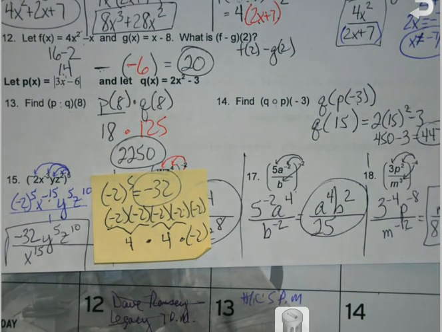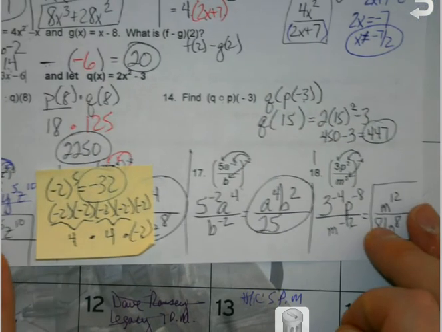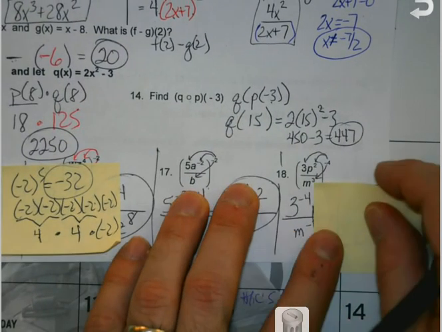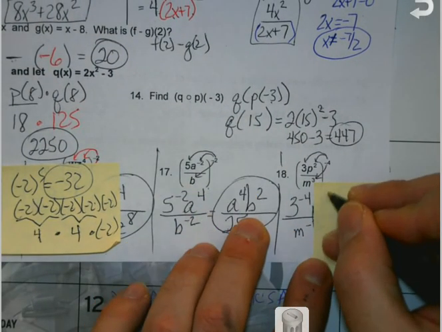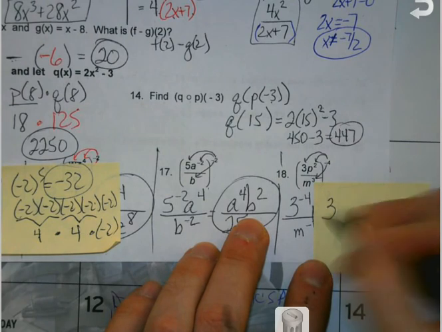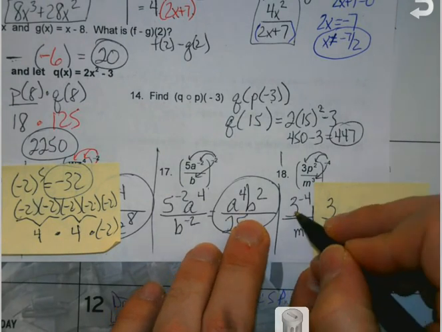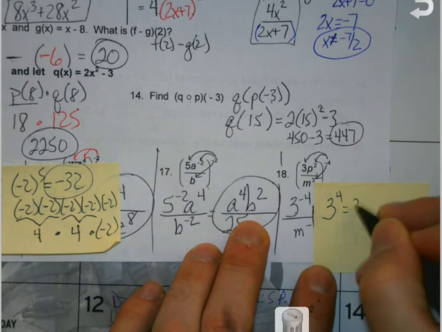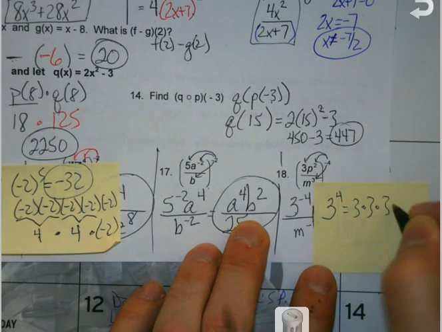When I get an even exponent, so let's take this 3 to the negative 4th, for instance. When that flips down, it becomes 3 to the 4th, and again, it's not a negative. 3 to the 4th is just 3 times 3 times 3 times 3, with no negatives.